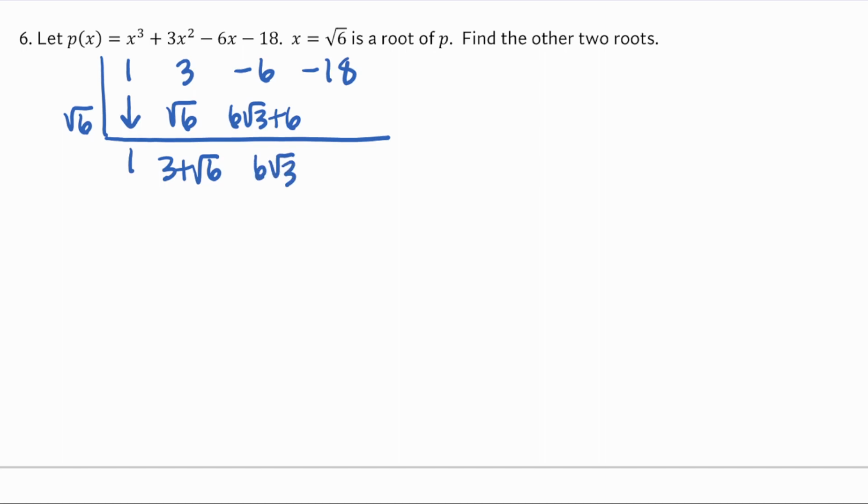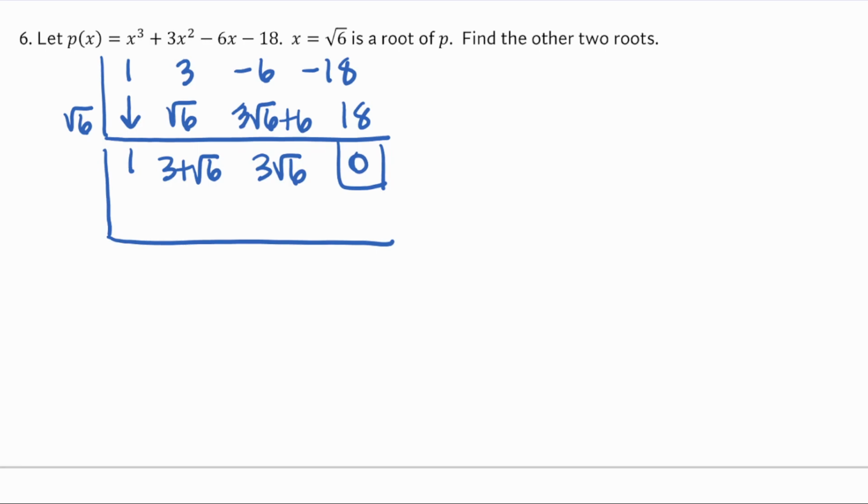Whoa. I've done something horribly wrong. All right, 3 square root 6 plus 6. That's going to make 3 square root of 6. That'll be positive 18, and that'll be 0. Okay, square root of 3 just didn't really have any business in this problem, so that should have been a bad sign.